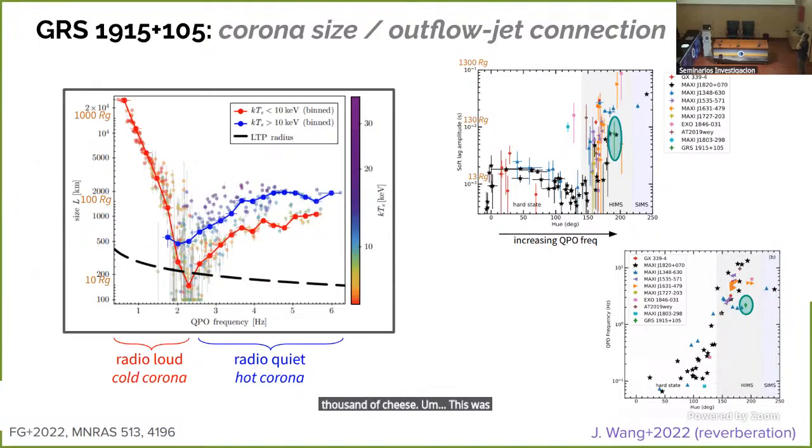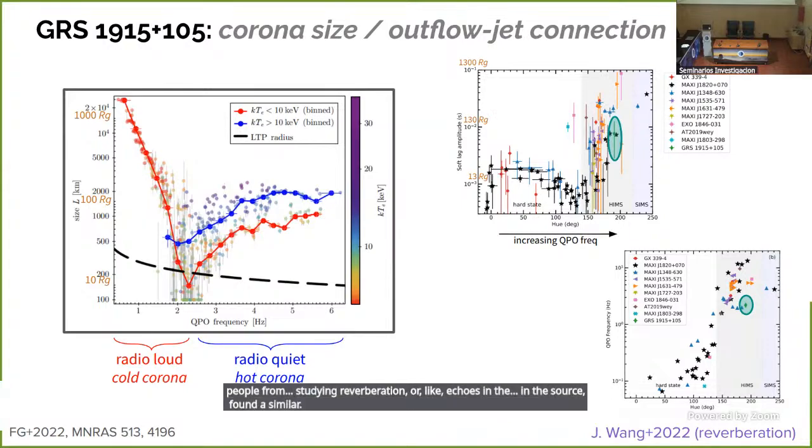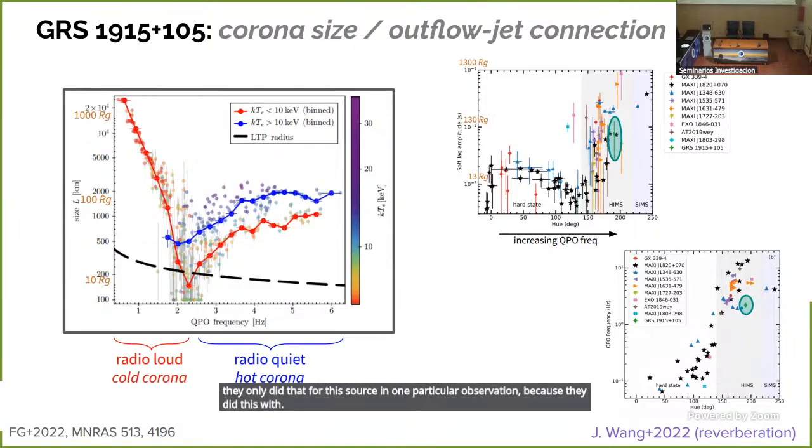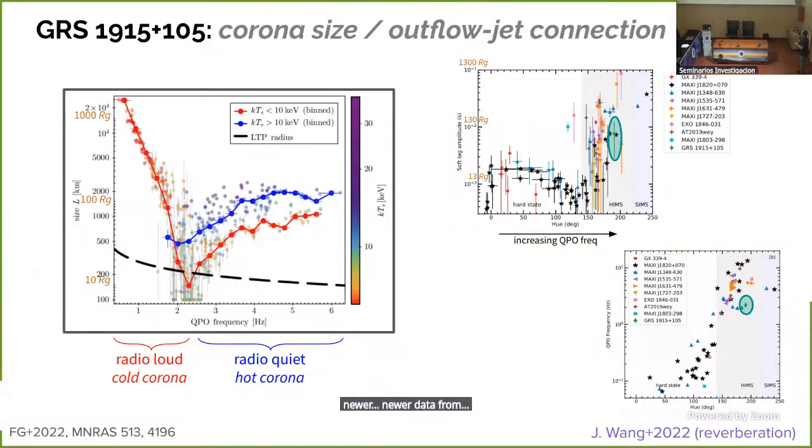This was a bit debated in the literature, but a few years later, people studying reverberation, or echoes, in the source found something similar. They only did that for this source in one particular observation, with newer data from NICER, but they also found about 100 Rg in corona size or corona height for these echoes.